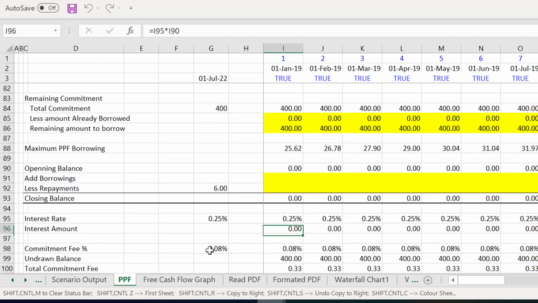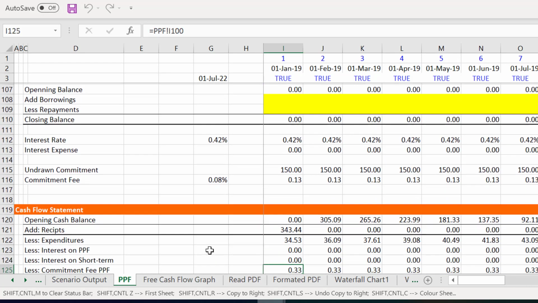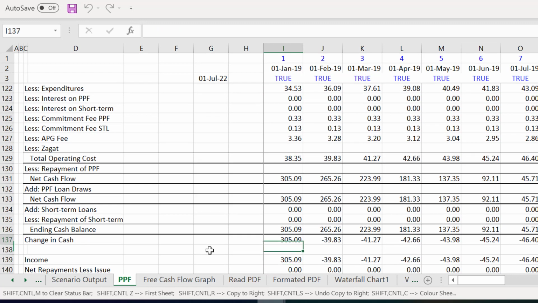And then here's the next key. When you go to this borrowing schedule, you should at the same time make a cash flow statement and make all your titles in the cash flow statement. And so what I'm going to do here is say, here are the loan draws that we have.